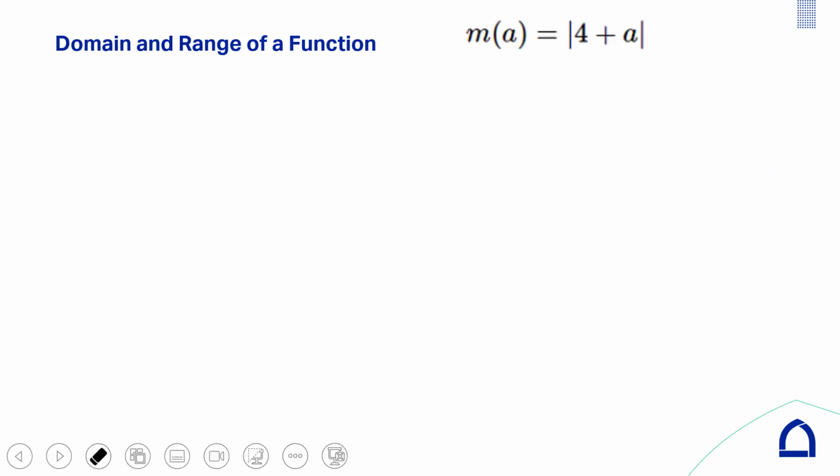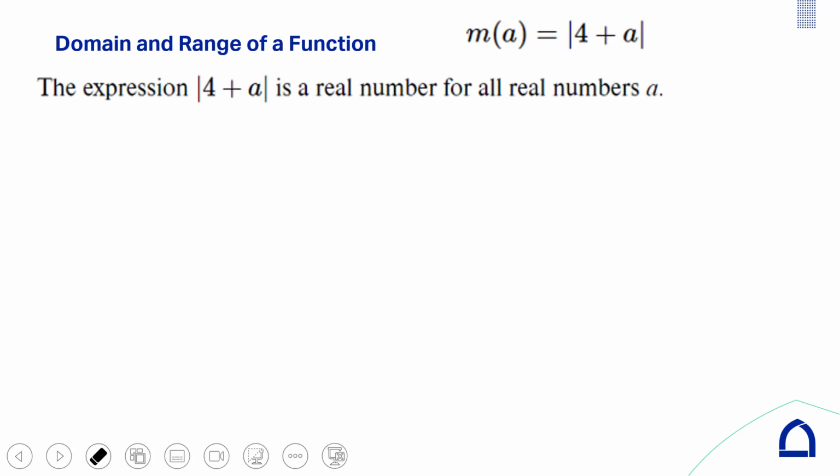Now, this is the absolute value function. As we said, it is a V shape and has no problem with any value for the variable inside, right? So the domain could take any value.